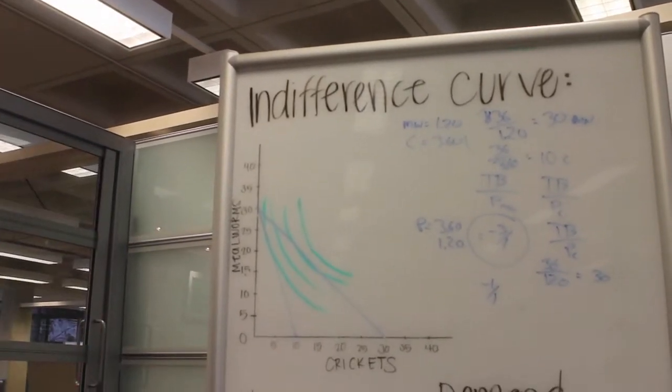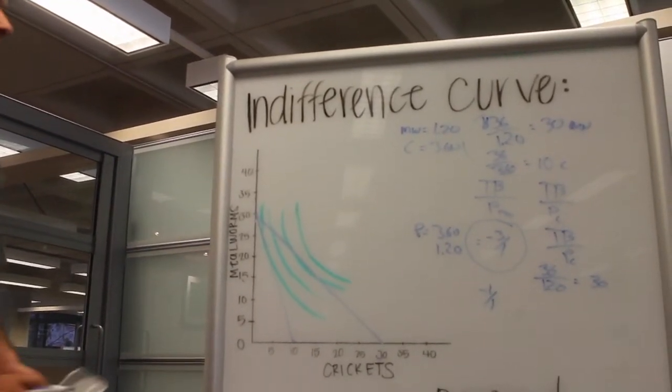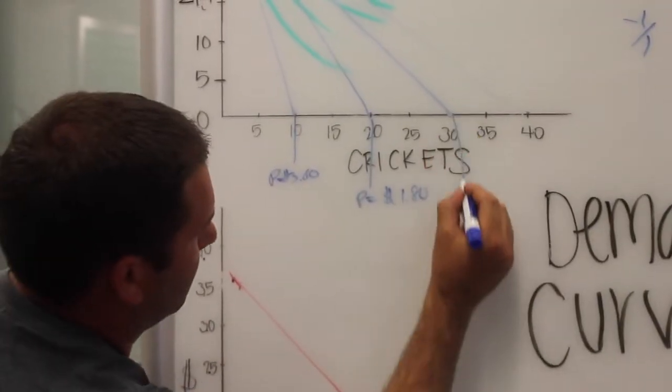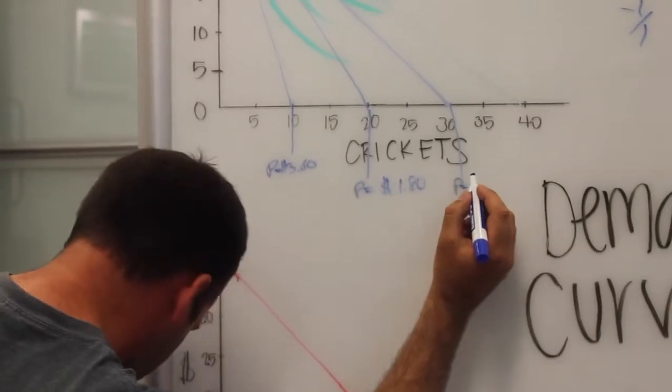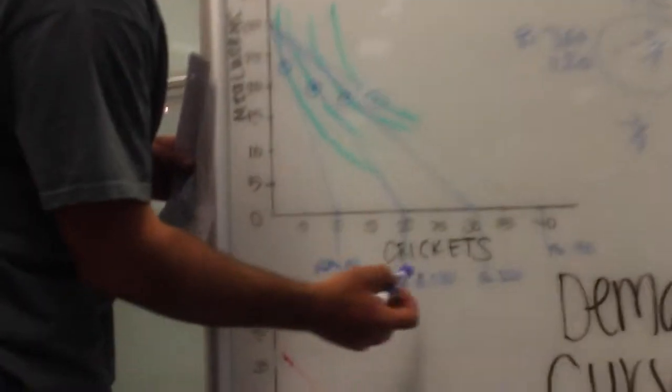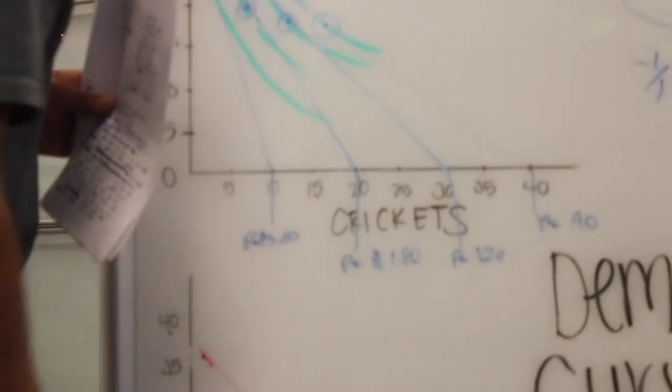Okay, and then I'll just go in here and draw the rest of the lines and come back to it. Okay, now we added more prices in. $3.60, $1.80, $1.20, 90 cents.